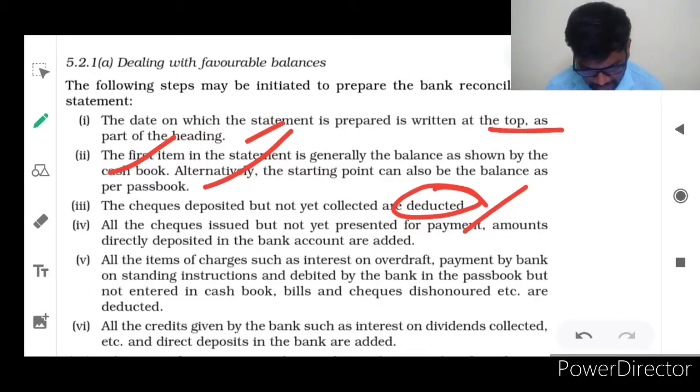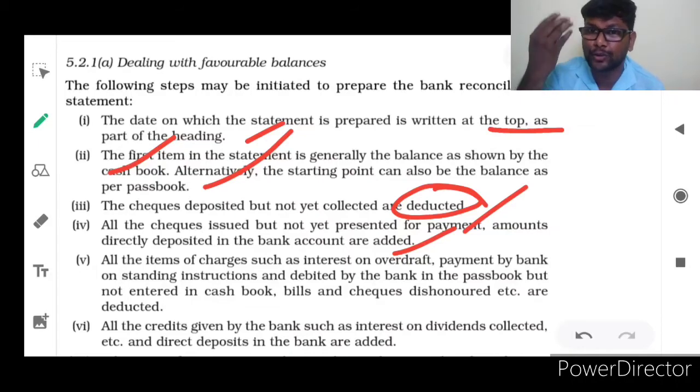Amount directly deposited in the bank account or added. Somebody who is a very genuine debtor wanted to pay some money to you, but instead of paying directly to you, they pay directly to your bank account. They know your bank account very well.